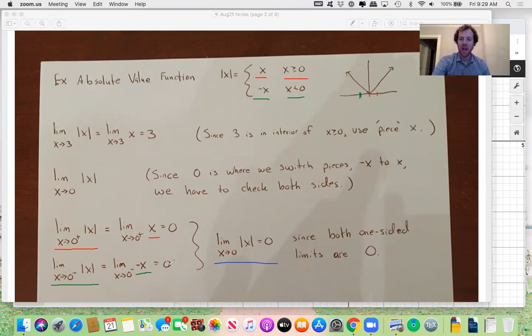And since they match, that number that they match on is the limit we're looking for. Okay. Questions about either of these, but especially the second one where we're really using the two sides and looking at them separately.